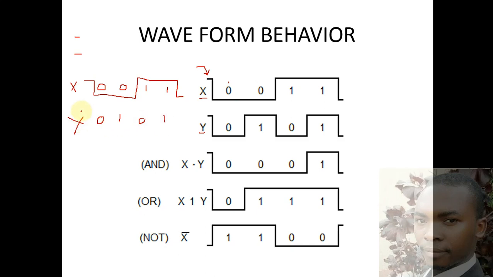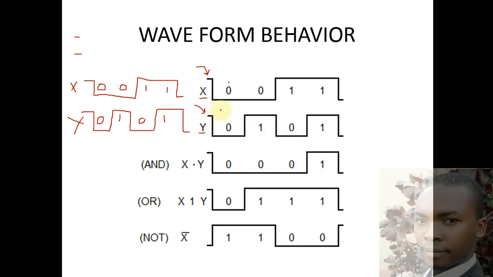So as we said, I come up, when I meet a 0 I go down, continue, when I meet a 1 I go up, when I meet a 0 I go down, then when I meet a 1 I go up, like that, and then I complete like that. So this is the waveform which is here.